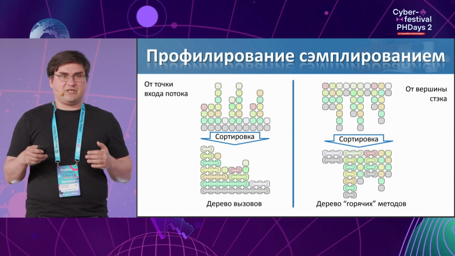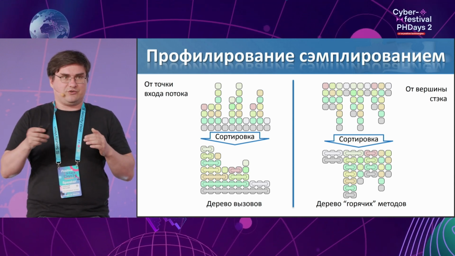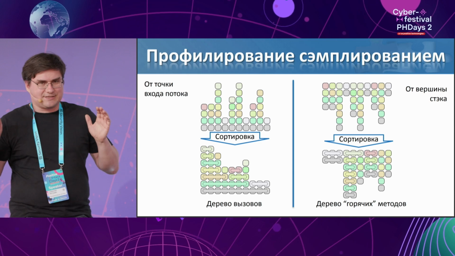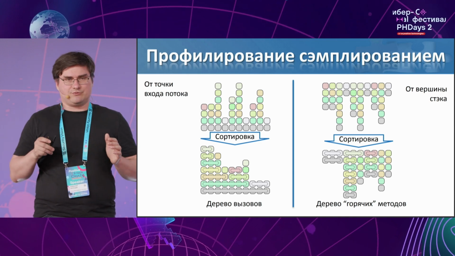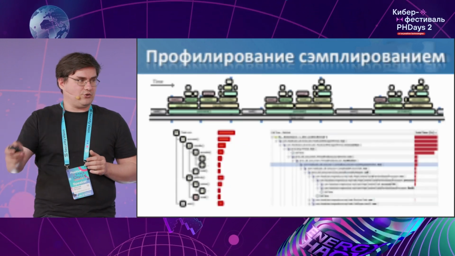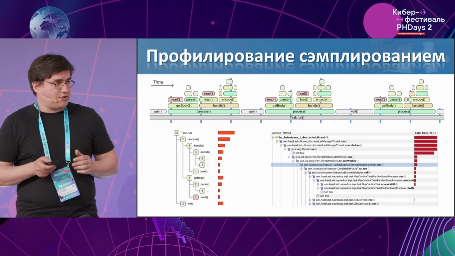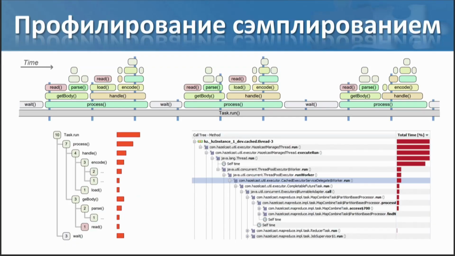What's interesting here is that if there is a method that is constantly on the stack, we see it all the time, it will be there the thickest. And on this tree, then you will be able to understand how you've reached that point. After you sorted everything out and grouped it, the information is added to the tree.